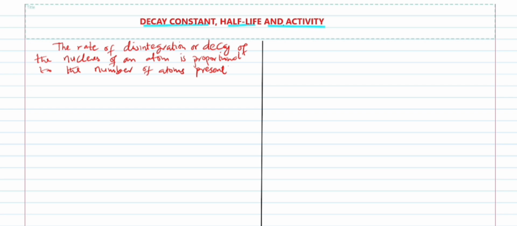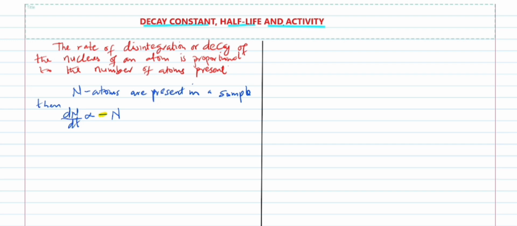So suppose N atoms are present in the sample, then dN/dt is proportional to the number of atoms present. The negative sign shows that it is a decay.